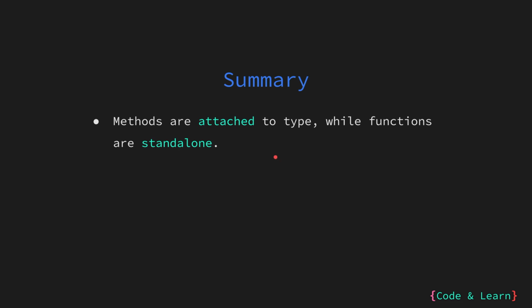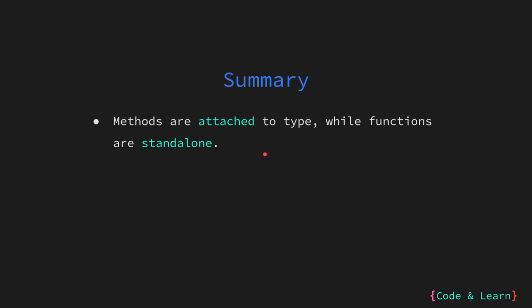We learned that in Go, methods are associated with a specific type. They are functions that operate on instances of a particular type, or the receiver. Methods are defined within the scope of a type and can access and modify the data on the type if it has a pointer receiver. Functions, on the other hand, are standalone units of behavior that are not tied to any specific type.